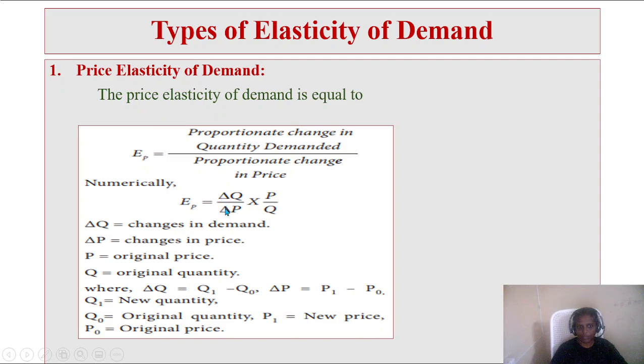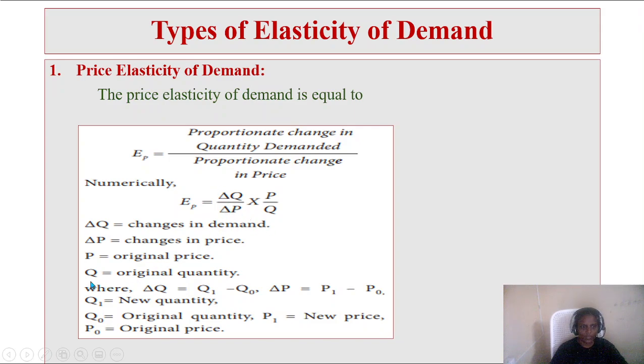For example, a change of 5 rupees in the price of a commodity, whether increasing or decreasing, leads to a decrease or increase of 5 units in the quantity of the commodity. So the change will be the same.